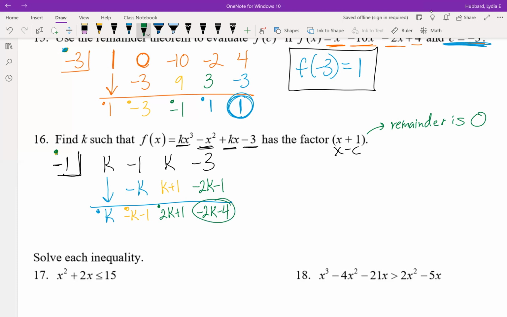Okay, so then we would take this -2k minus 4 and set it equal to 0. So we'd add 4 to both sides to get -2k equals 4. And then we divide both sides by -2, and we'd get that k equals -2.